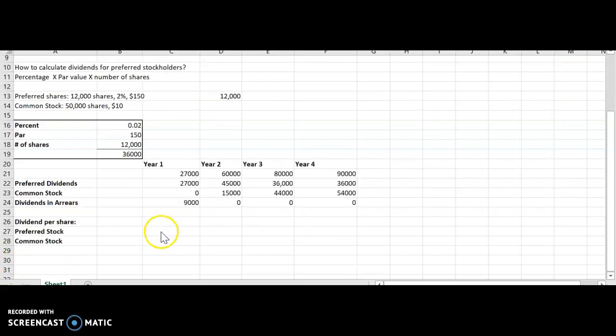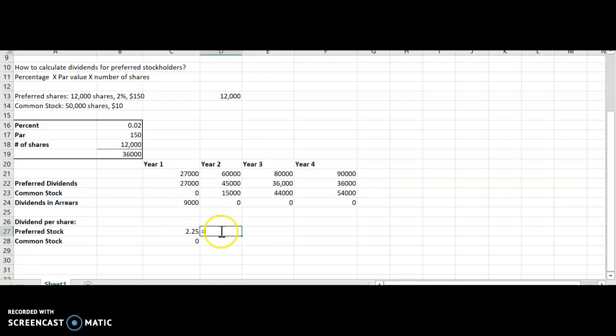For year 1 for preferred, we take the dollar amount of dividends divided by our number of shares, which is 12,000, and our dividend per share would be $2.25. For common stock, they have $0 divided by your 50,000 shares, so that would be 0 for year 1.